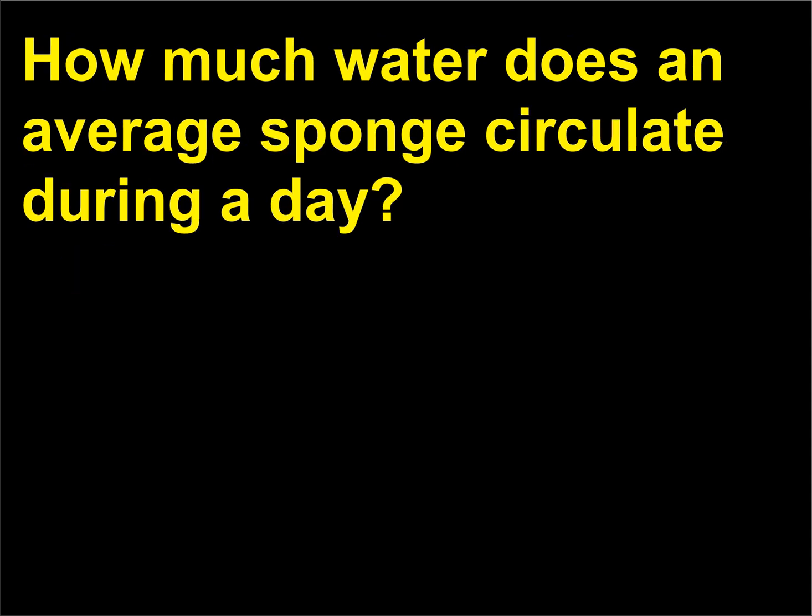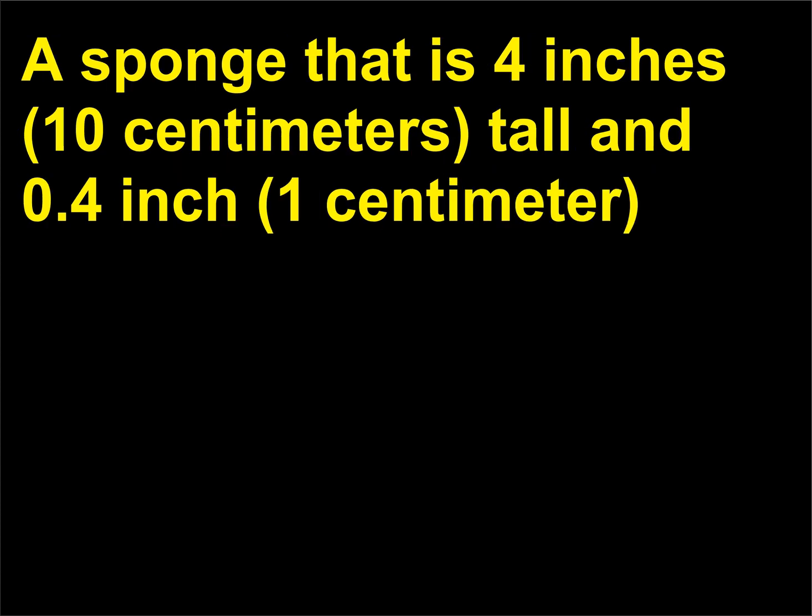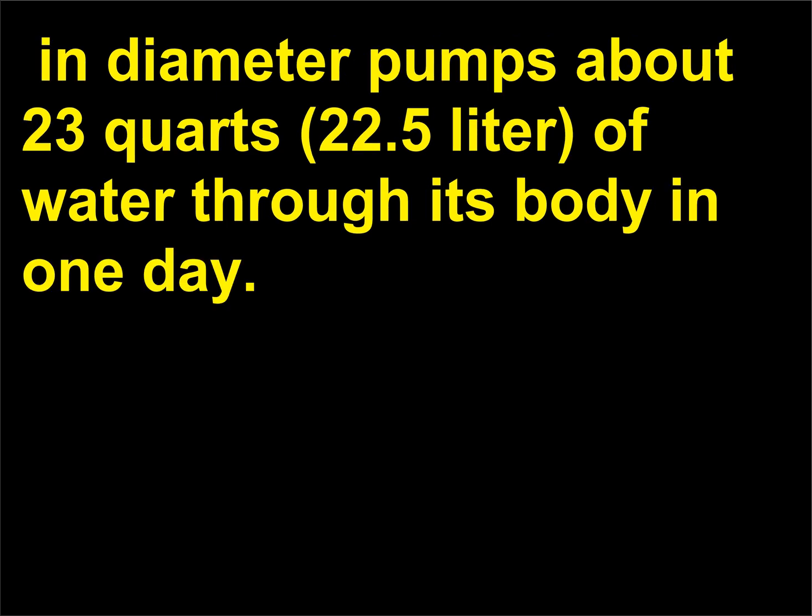How much water does an average sponge circulate during a day? A sponge that is 4 inches, 10 centimeters, tall and 0.4 inch, 1 centimeter in diameter pumps about 23 quarts, 22.5 liters, of water through its body in one day.